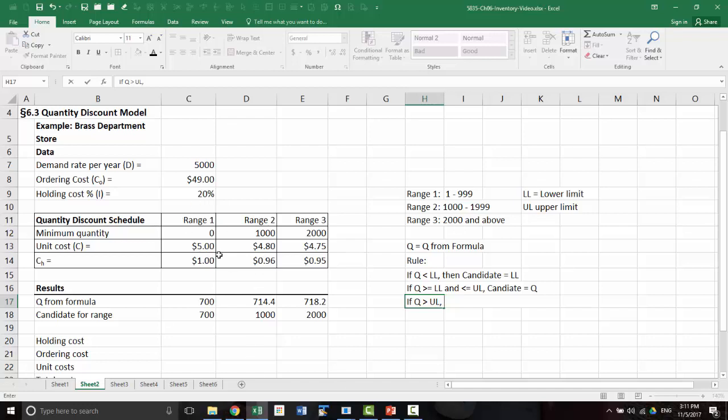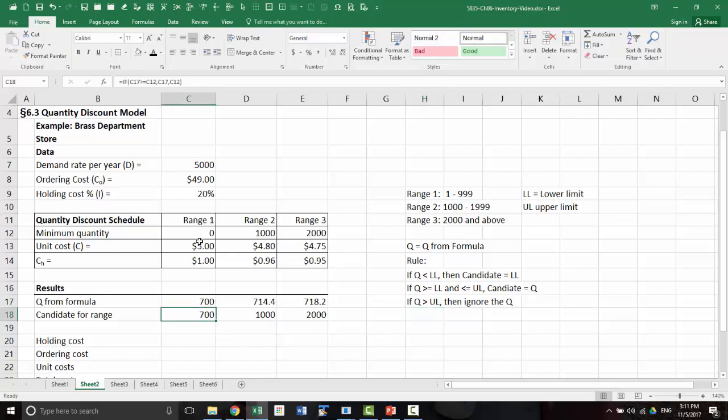So in that case, you don't have to worry about that candidate at all. You can just ignore that candidate. So if Q is greater than the upper limit, then ignore the Q. That is the rule that you should follow.